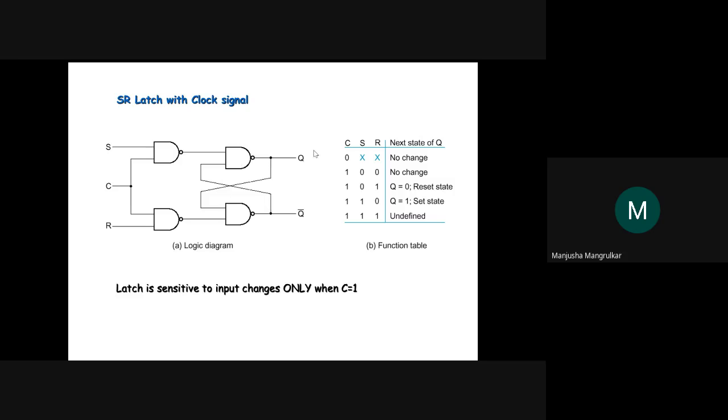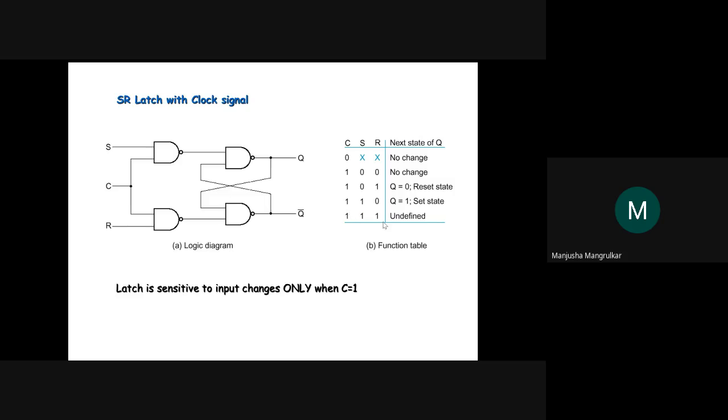So if S is 1 and R is 0, Q plus 1, Q plus 2, Q plus 3, Q plus 4, in any cycle you move, your output will be 1. That is called the set state.